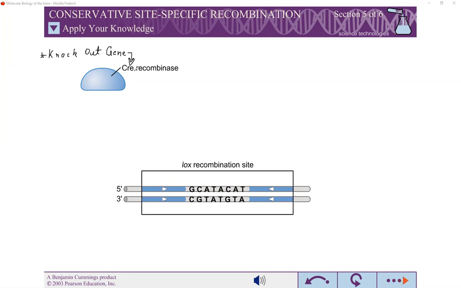Cre recombinases are one of the most effective tools, which act upon a particular site, and that site where they are going to act is referred to as the lox recombinase site. Now, how they are going to act, please have a look here.